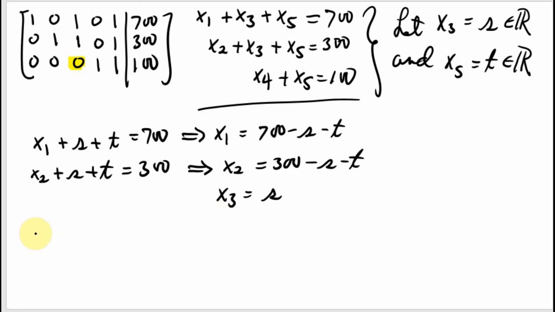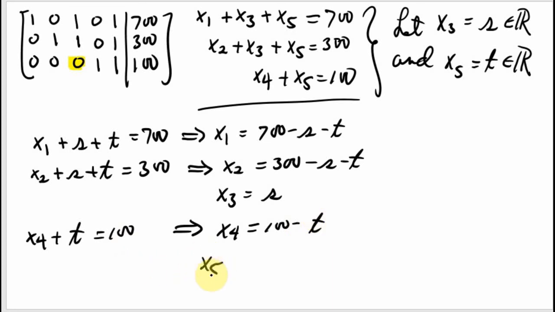Now for x sub 4, we get x sub 4 plus t is equal to 100. That implies that x sub 4 is equal to 100 minus t. And x sub 5 is equal to t. Okay, so you have it there.